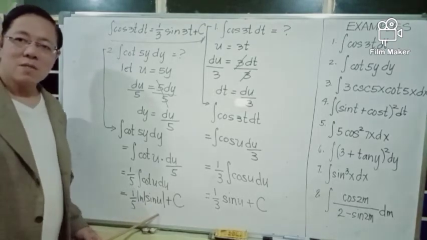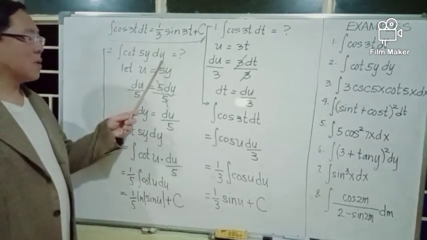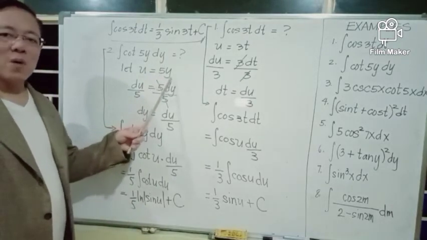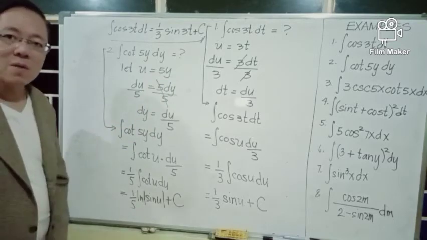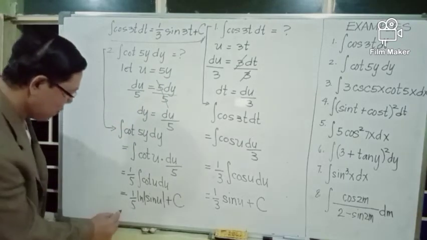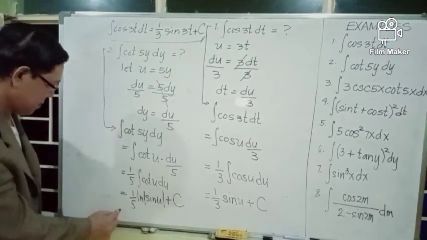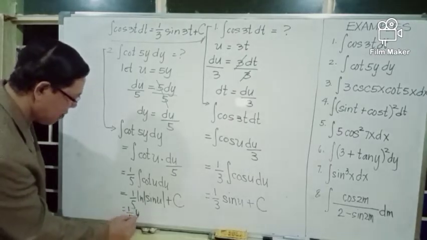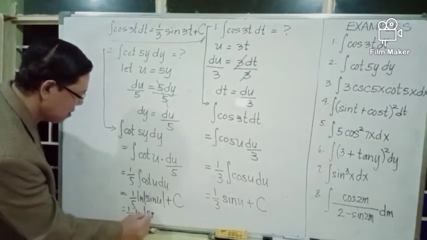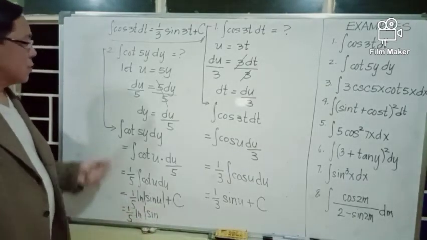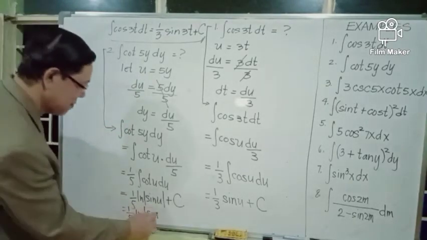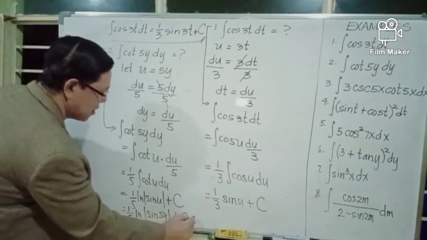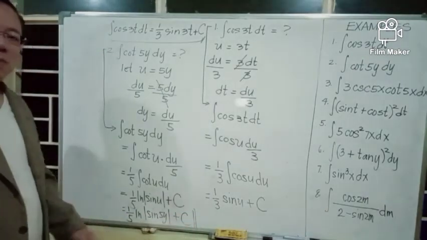And to write our answer in terms of the original variable y, we replace u with 5y. And our final answer now is 1 over 5 multiplied by ln of sine u, where u equals 5y, plus a constant of integration c.